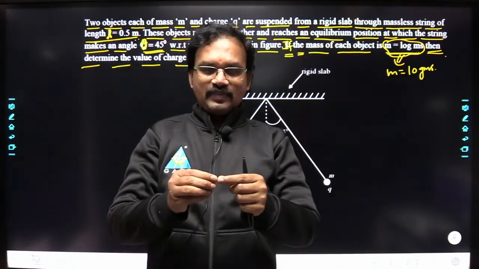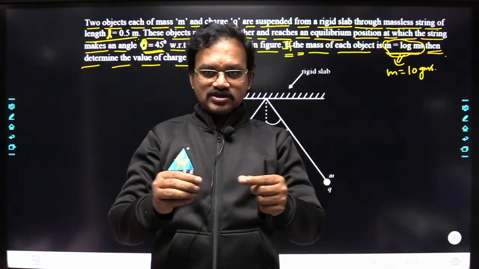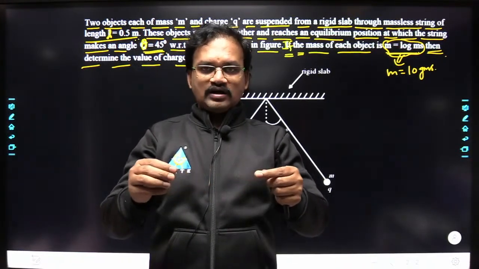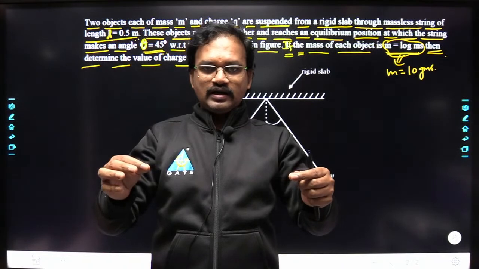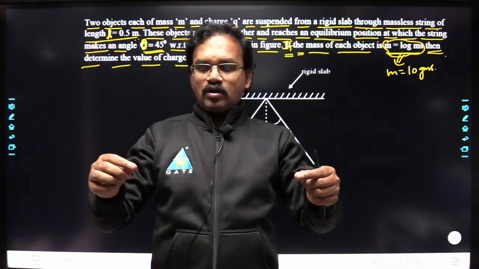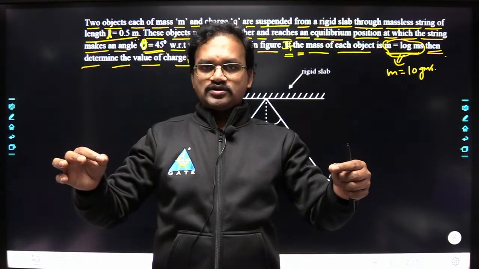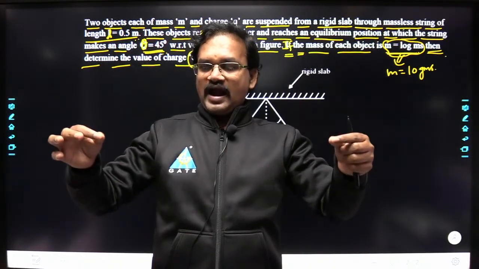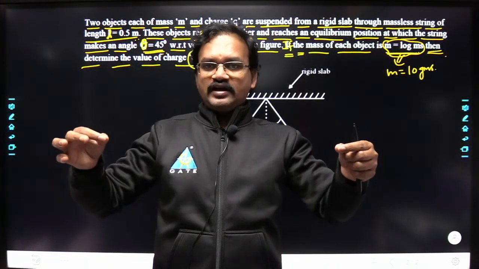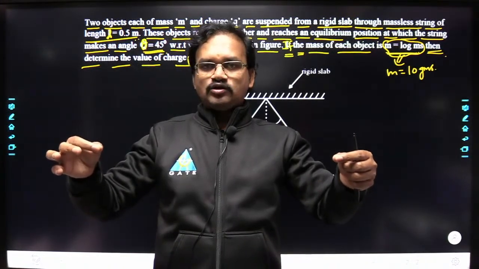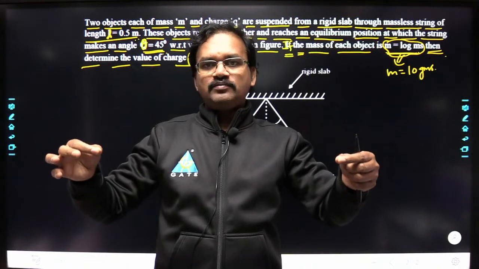So whenever they are repelling each other, they will move away from one another and they are going to stop at one particular location. That means at that location the net force acting on those objects will become equal to 0.